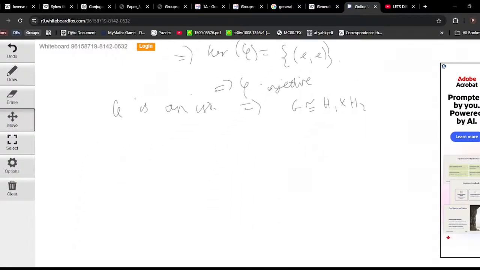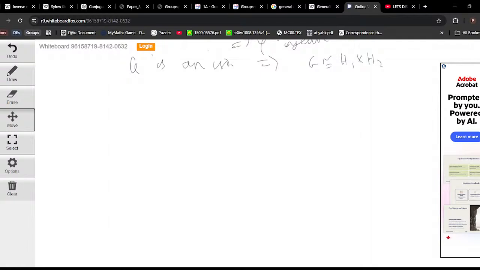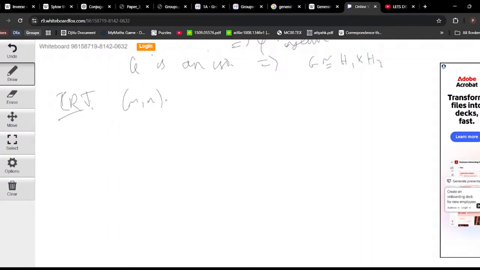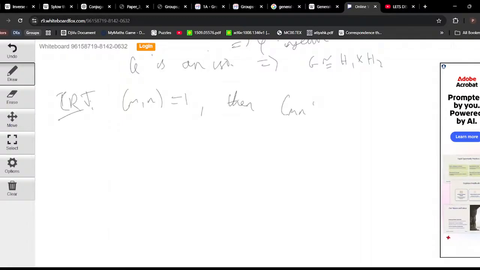Now, a nice corollary of this, before I talk about the kernel thing, is that we can get a version of the Chinese remainder theorem from this, which is that if M and N are coprime, then CMN is isomorphic to CM cross CN.